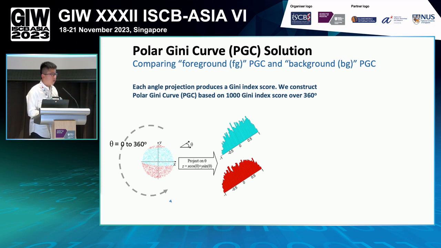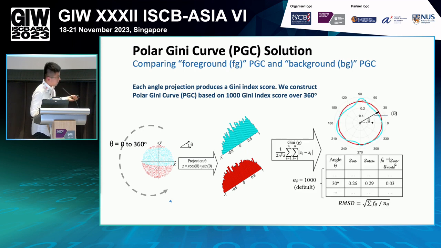The polar gene method splits it into a 360-degree scan, where each angle is represented by a foreground histogram and a background histogram of projections, and then it calculates the Gini index, which is basically an economic measure, and serves as a good criterion to plot out the differences between the foreground and background.